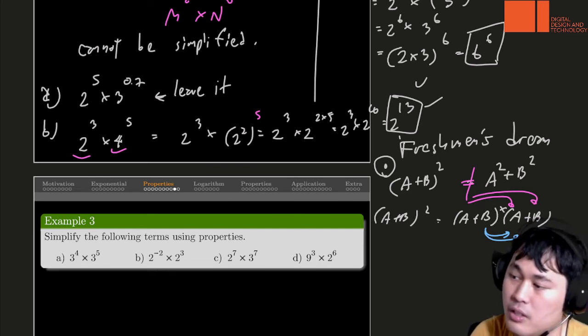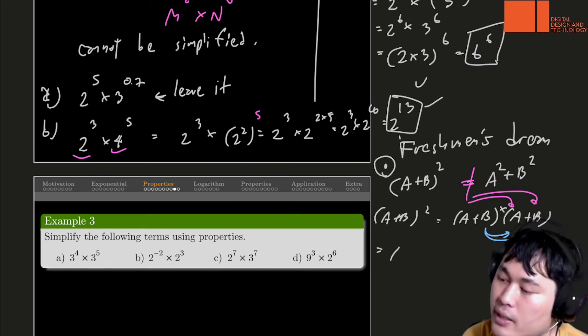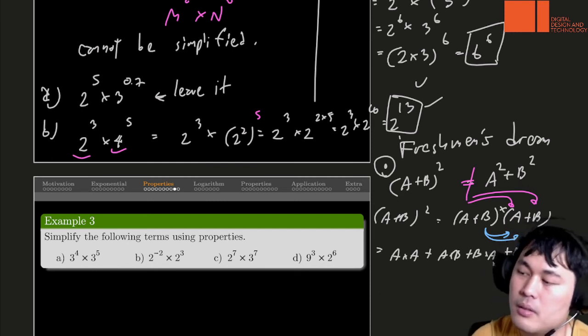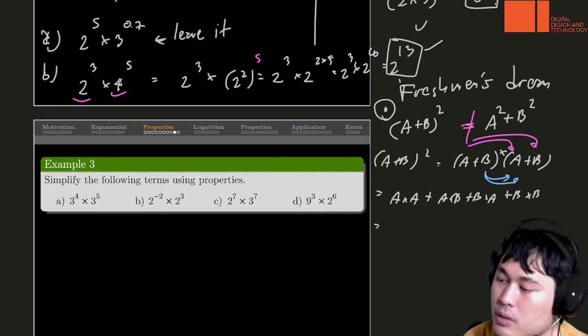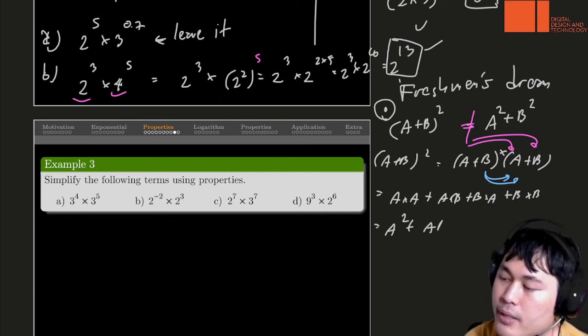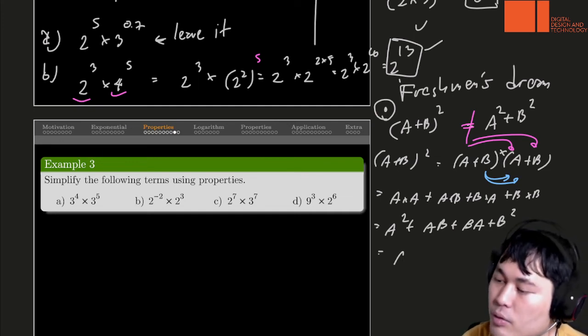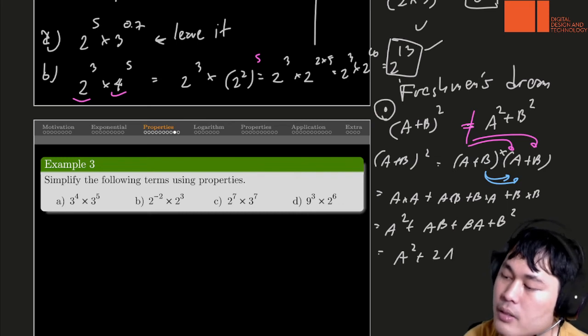If you use the distribution property, you should get a times a, and then a times b, and then b times a, and then b times b. It should give you a square plus ab plus ba plus b square. If you simplify that, you should get a square plus 2 times a times b plus b square.